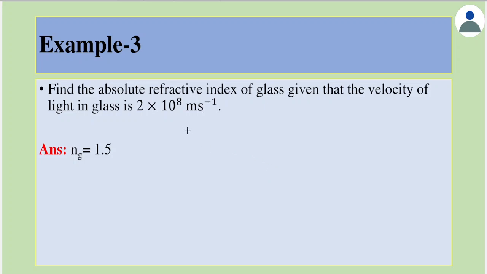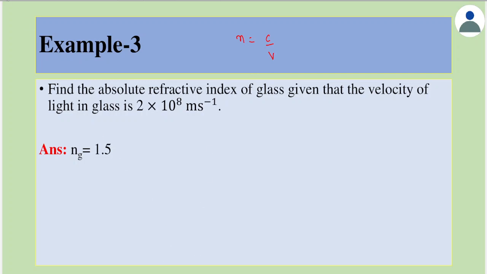Example 3 says, find the absolute refractive index of a glass given that the velocity of light in glass is 2 into 10 power 8 meter per second. Recall that the absolute refractive index, which is called n, was defined as the ratio of the speed of light in vacuum to the speed of light in the medium.